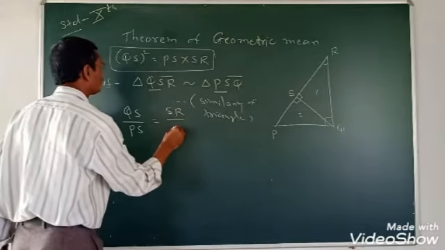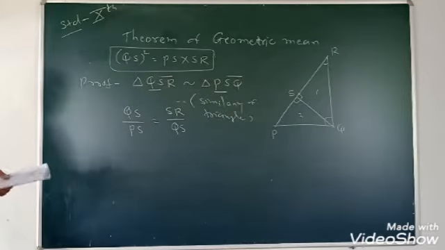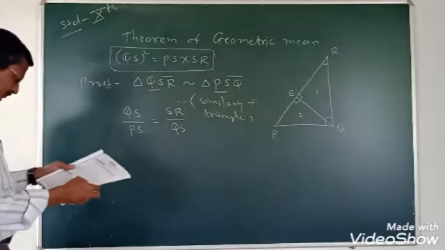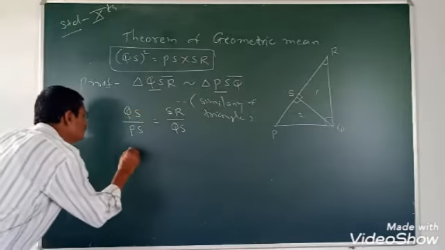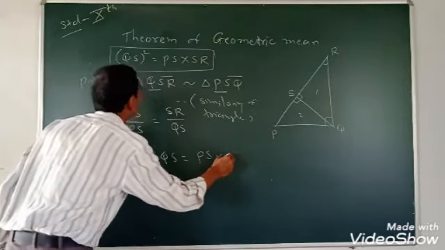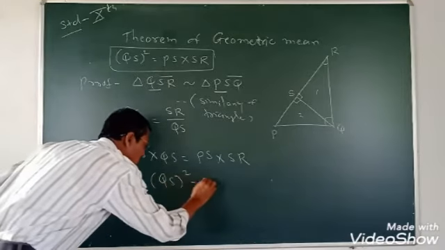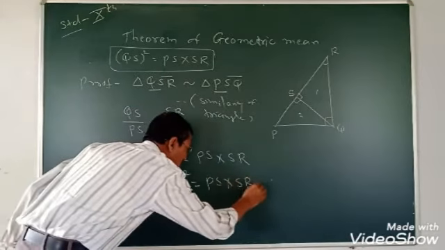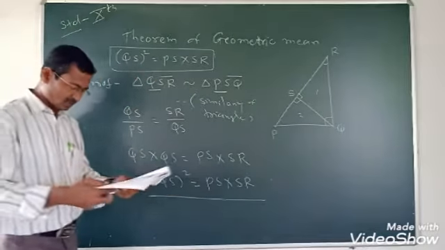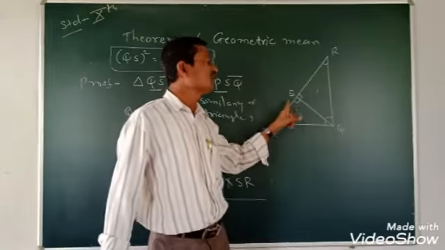Here we write the property of two similar triangles. Now take the cross multiplication. QS into QS is equal to PS into SR. QS into QS means QS square is equal to PS into SR, and it is proved. In this way, we can prove that segment QS is the geometric mean of segment PS and segment SR.